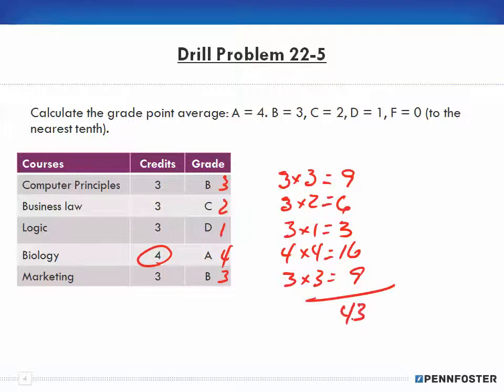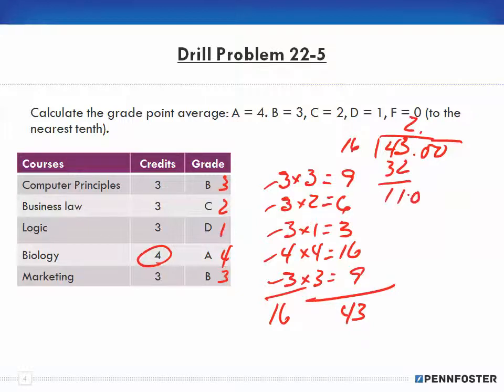43, okay, and then we take the 43 and we divide that by, okay, so we have 3, 6, 9, 12, 16. We have 16 credits there. So 16 into 43 is 2, that's 32, that's 11.